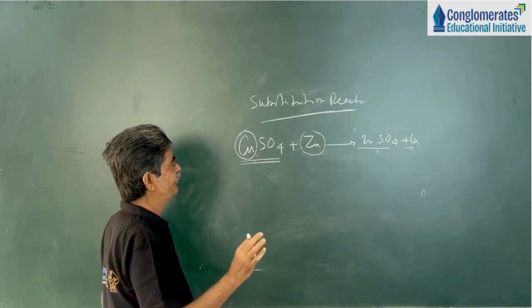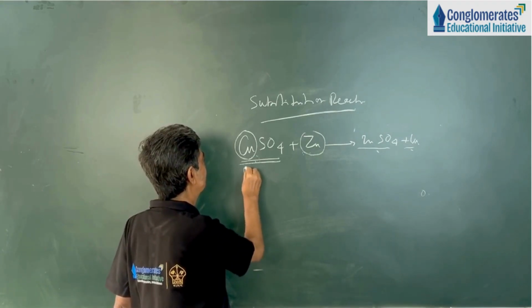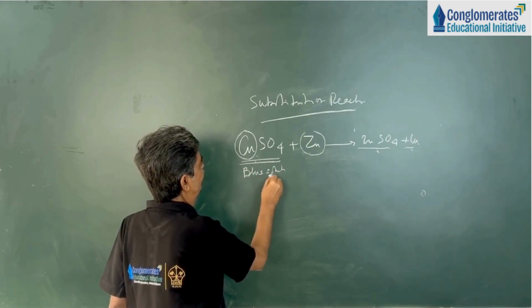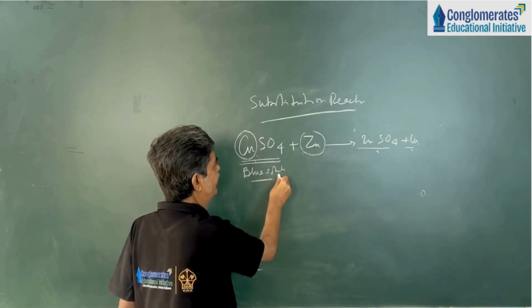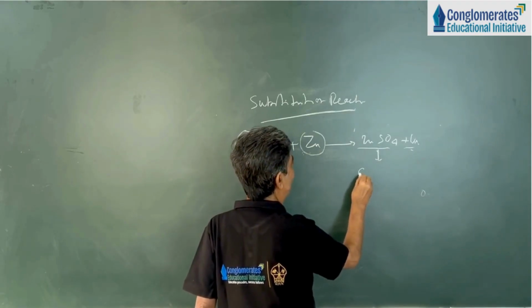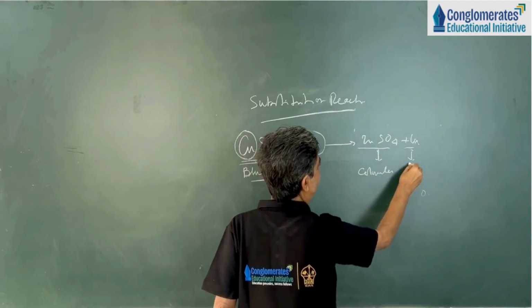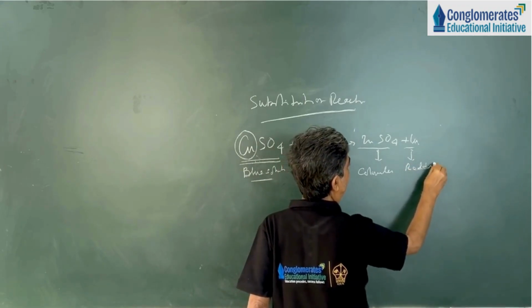But the most important part of this reaction is the observation. What will be the observation? Now, this is the blue solution. When a zinc rod is dipped inside the blue solution, the solution will become colorless, because zinc sulfate is colorless, and copper will be a reddish brown deposit.